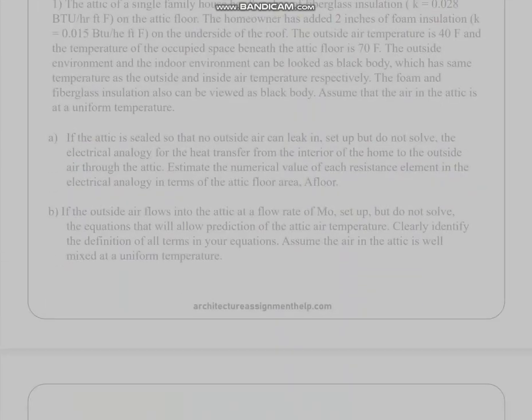1. The attic of a single-family house has 8 inches of fiberglass insulation, k equals 0.028 BTU/hr-ft-°F, on the attic floor. The homeowner has added 2 inches of foam insulation, k equals 0.015 BTU/hr-ft-°F, on the underside of the roof.